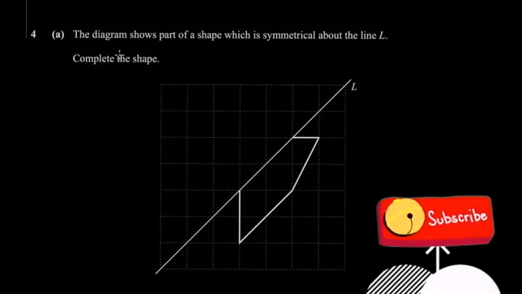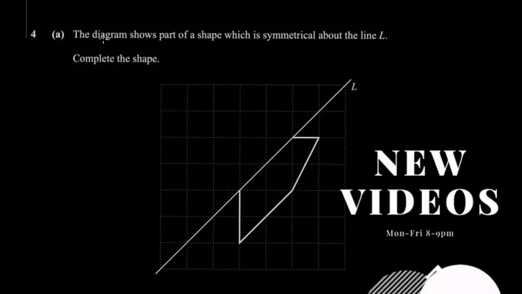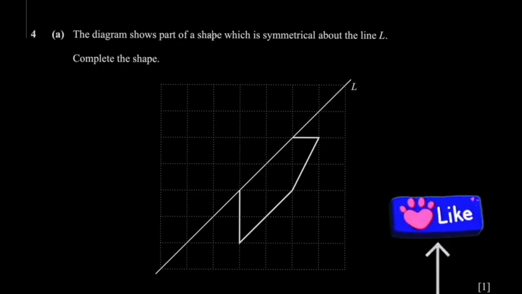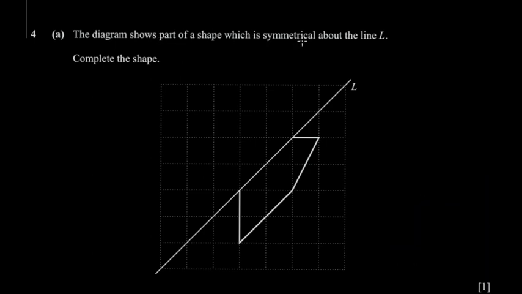Okay, so this one says the diagram shows part of a shape which is symmetrical about the line L. So this is the line L. Complete the shape. So if it's symmetrical around line L, then you can actually identify what will be happening here. For example, this one is going in this direction, so its reflection simply means as if line L were a mirror.